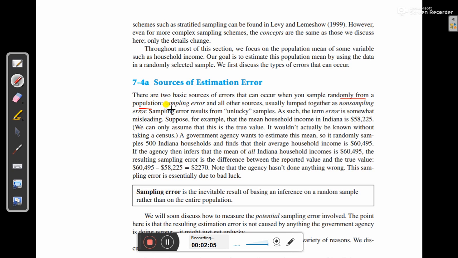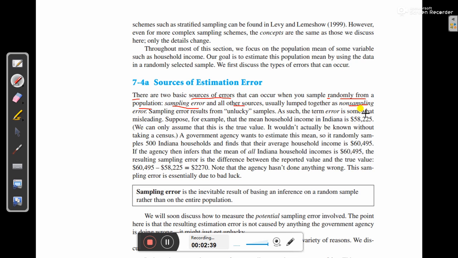There might occur some sampling error, and all other sources are usually lumped together as non-sampling error. Sampling error results from unlucky samples.